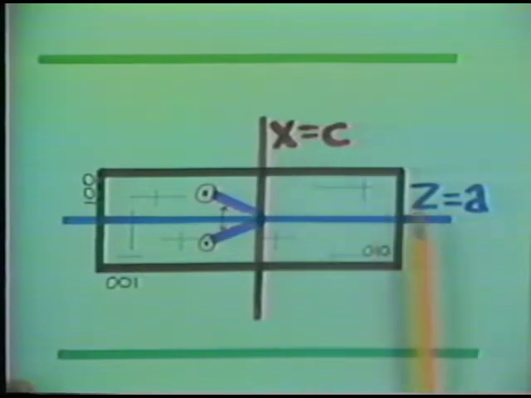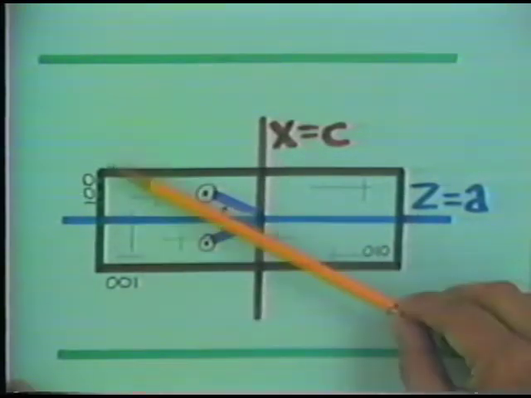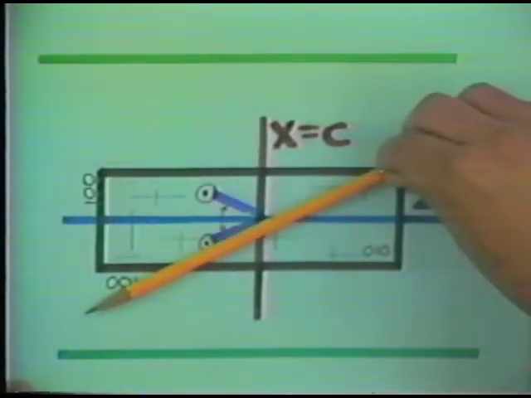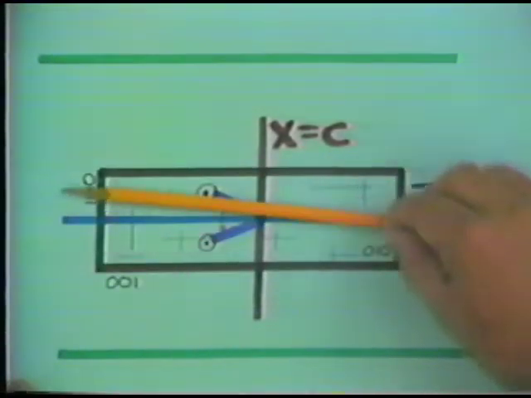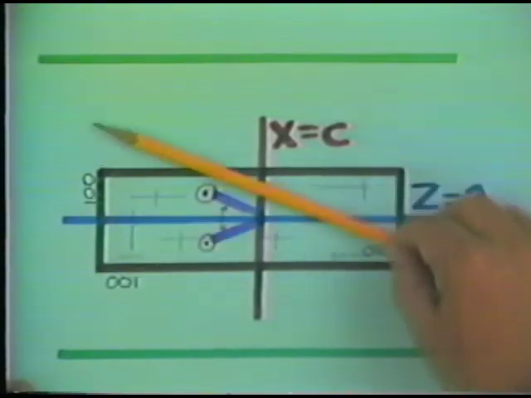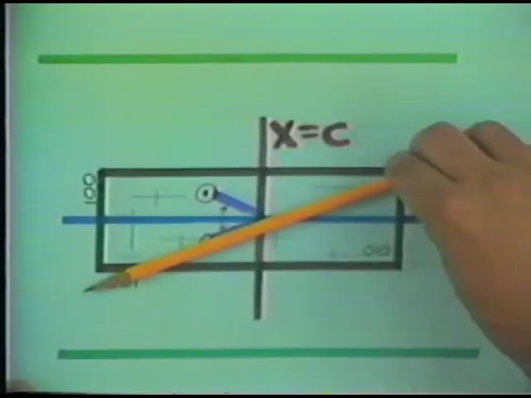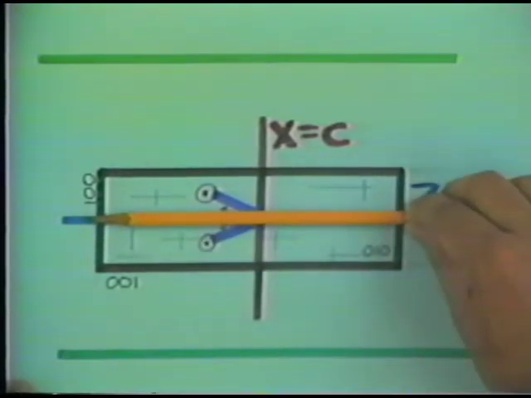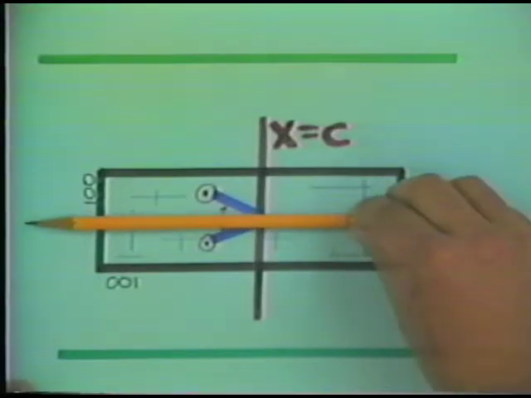Remember now, this is the XZ plane of the indicatrix, the optic plane, so it also contains the optic axes. Here's one optic axis here, another optic axis here, and of course the angle between these two optic axes in barite is 37 degrees. Since the mineral is positive, Z is the BXA direction, the acute bisectrix, and Z is located here.